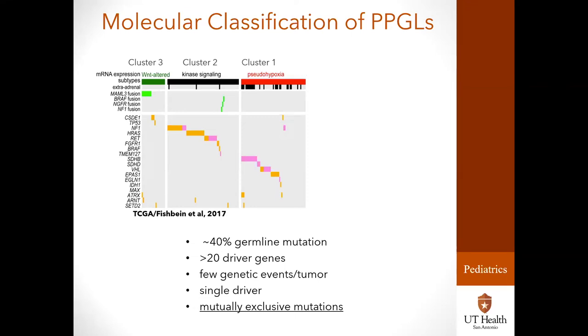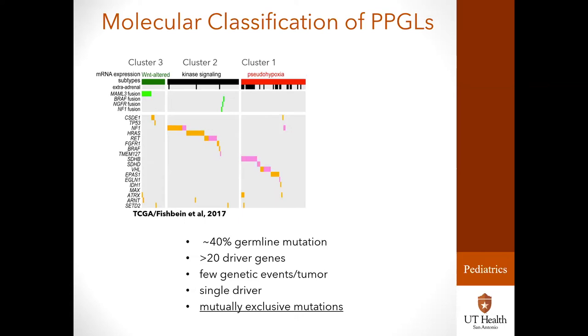These clusters reflect the genetic association and the genetic driver event. Usually PPGLs are caused by a mutation in a single gene, which is mutually exclusive with the others, and there are more than 20 driver genes that have been associated.